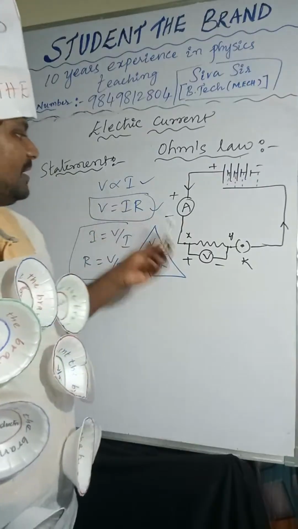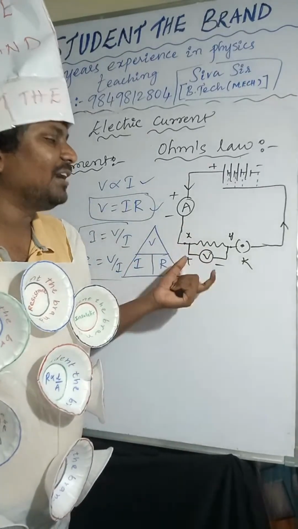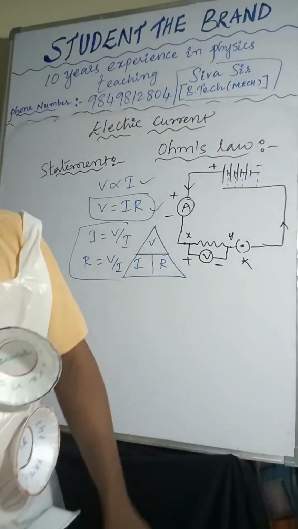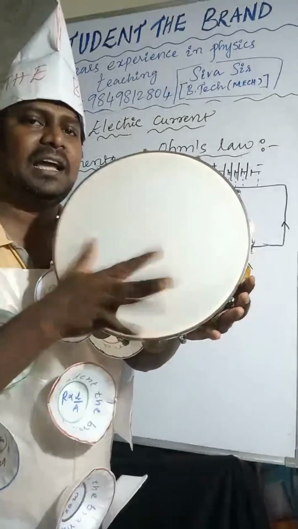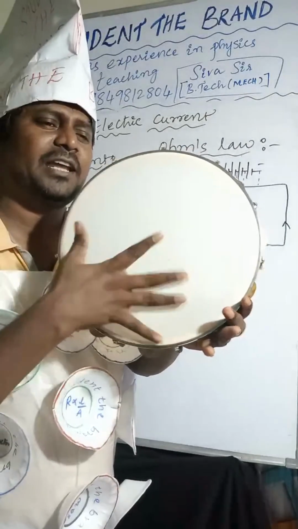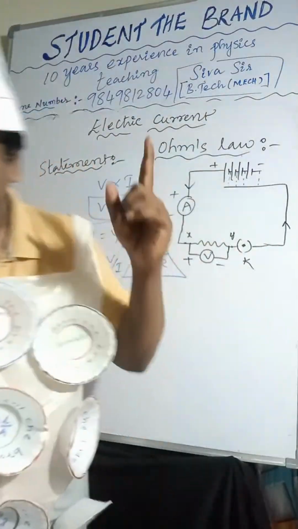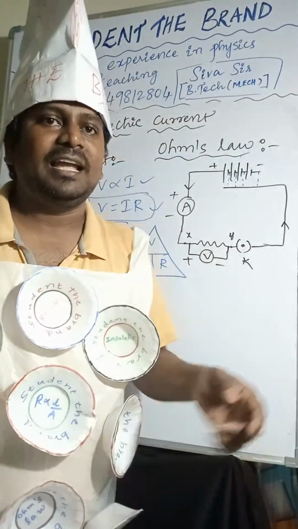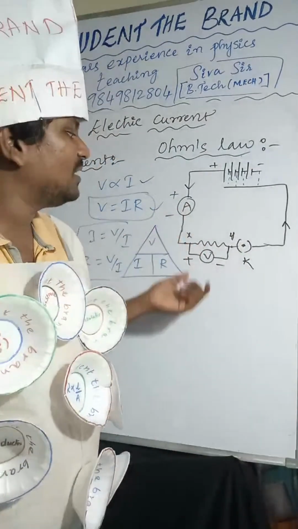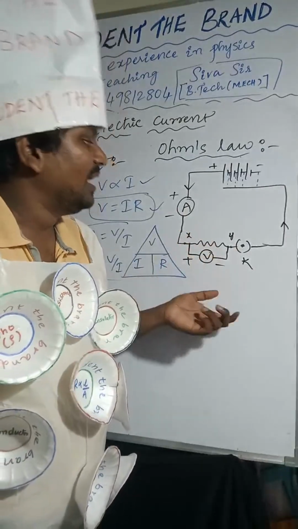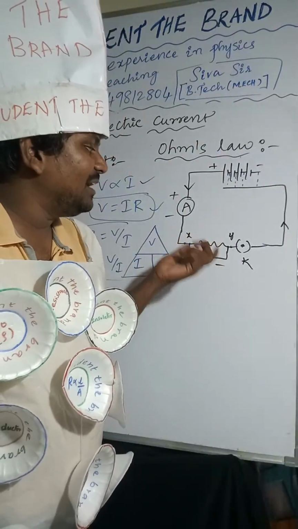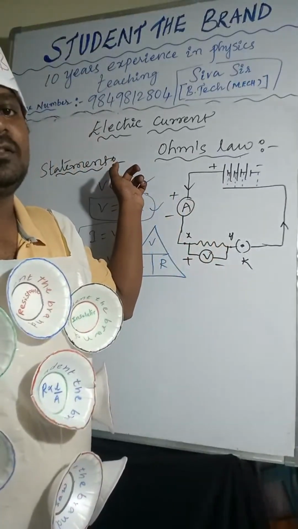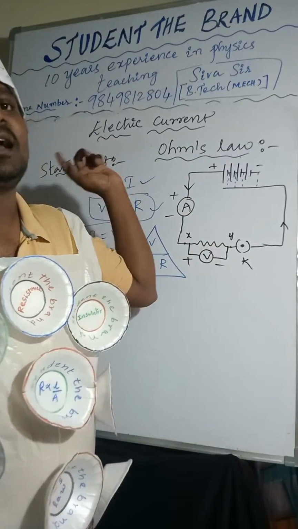So the potential difference across a given metallic conductor, once again, one more time. Keep in mind one thing: the potential difference across a given metallic conductor is directly proportional to the current flowing through it.